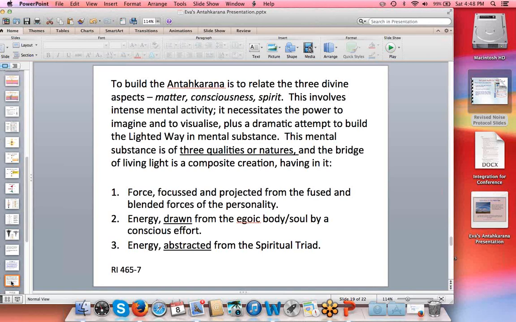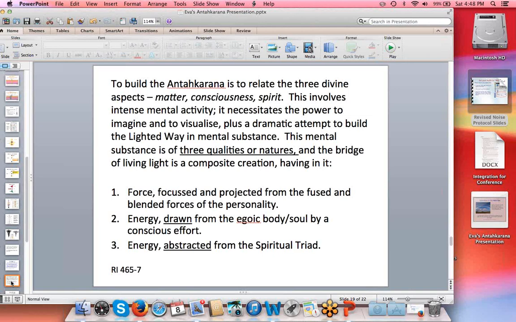What we are told in the Antahkarana-building meditations is that we use two colors, one for our soul and the other for our personality. And it's like a thread, like a rope. I almost see the two colors spinning together in light. Even though it's got a color, it's still light. So it's very alive.